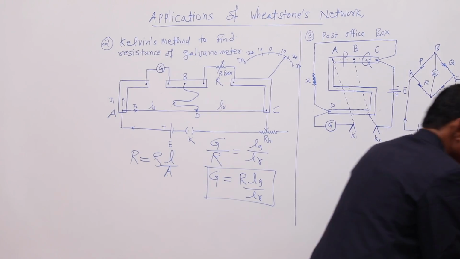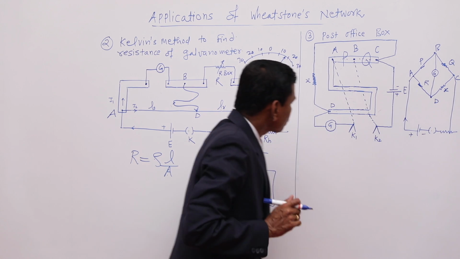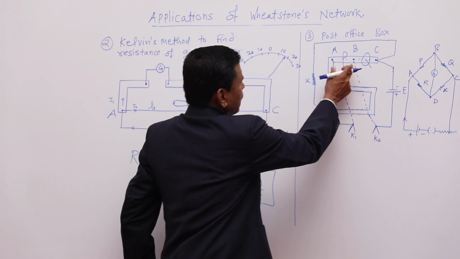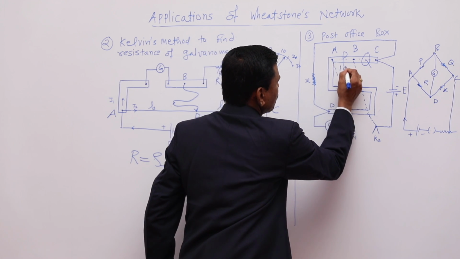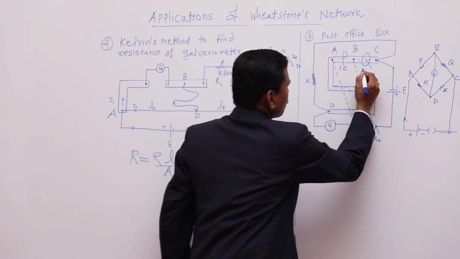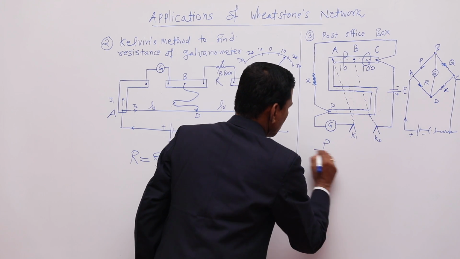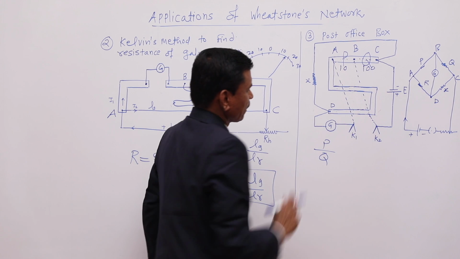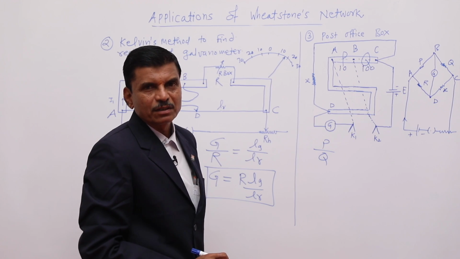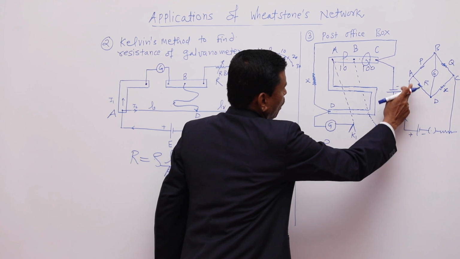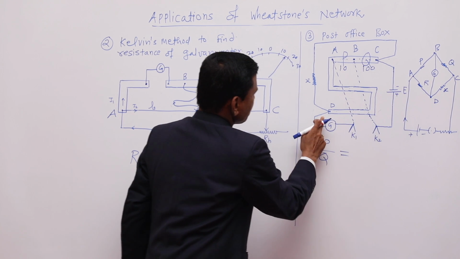Again, it has 4 resistances. See here. So what is our experiment? Let P resistance be 10. Let Q resistance be 100. So what is its ratio? 1 upon 10. Ratio is 1 upon 10. Now, from A to D, which resistance is connected?